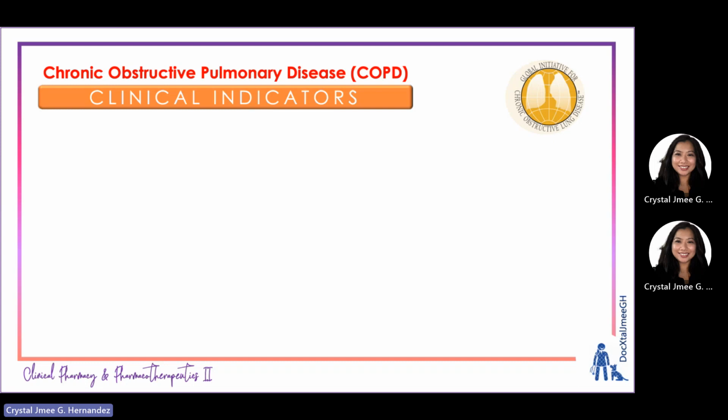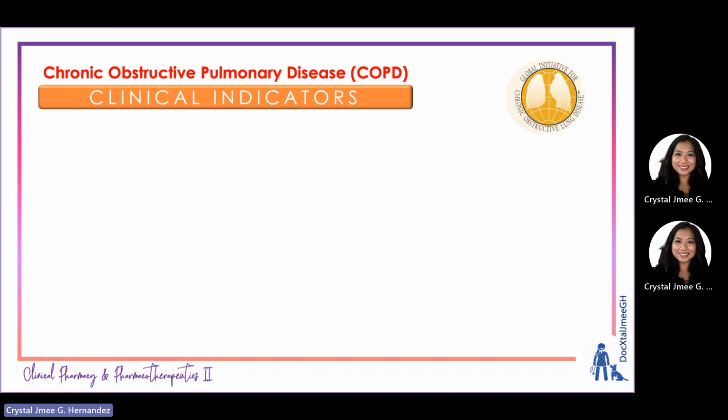If that happens, it is recommended to perform spirometry. We should note that the clinical indicators are not diagnostic in nature. However, the presence of multiple key indicators increases the probability of COPD. So it is emphasized that we perform spirometry, the proper diagnostic procedure for COPD.